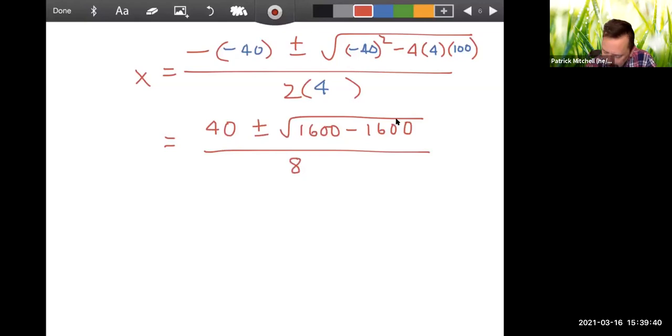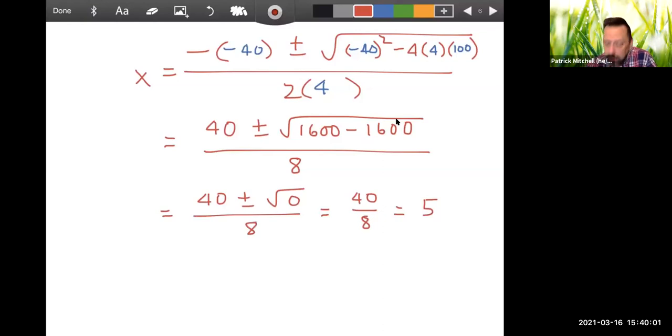So look what happens under that radical. 1600 minus 1600 is 0. So we can ignore that term. It just falls off and it takes the plus or minus with it. So this is 40 over 8, which is 5.